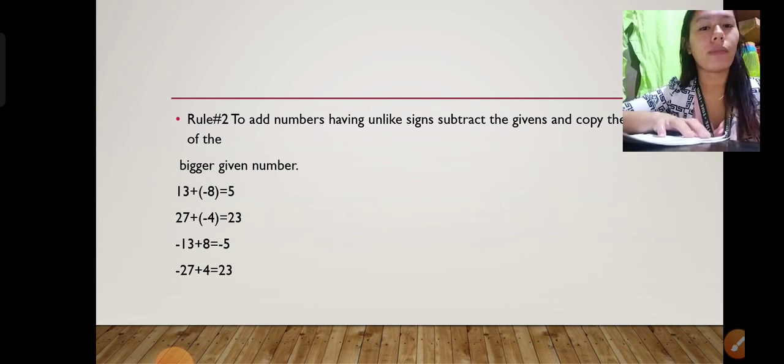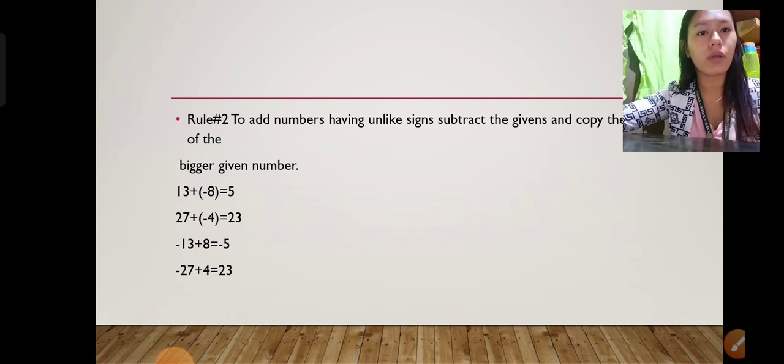So next is negative 13 plus 8 is equal to negative 5, since the bigger number is negative, so we copy the sign of the bigger number. So negative 5. Since it is unlike signs, we subtract both.